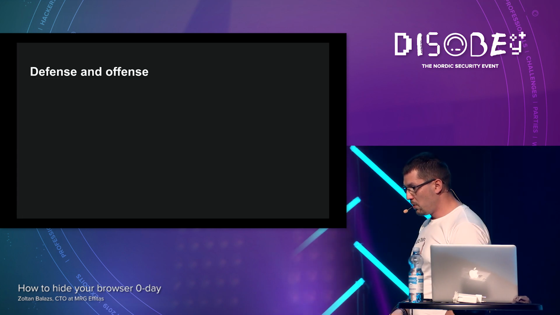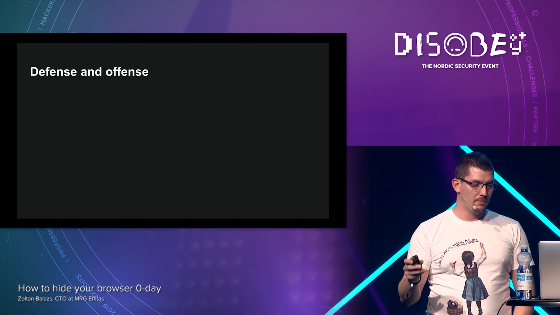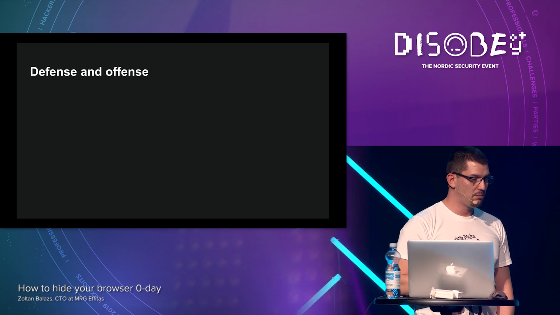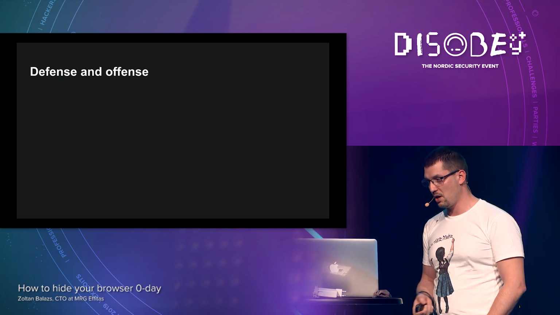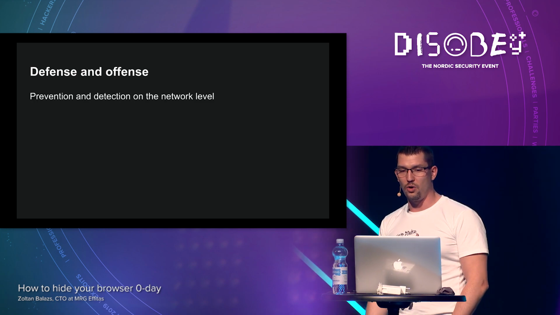Okay, so in the following slides, I will talk about defense and offense. Most of the time it's just mixed on all the slides, whether I'm talking about defense or offense, but I'm really sure that you guys will be able to follow.